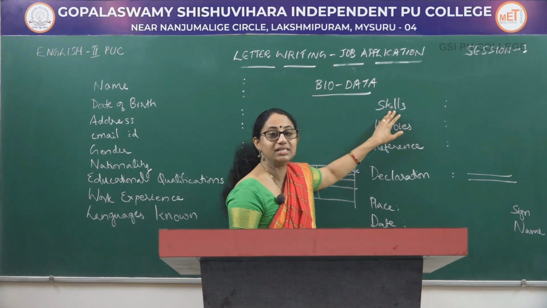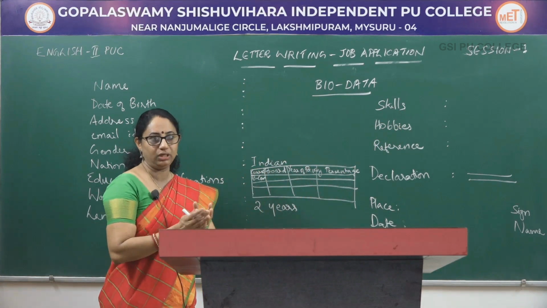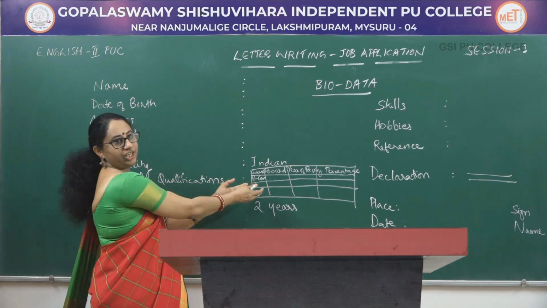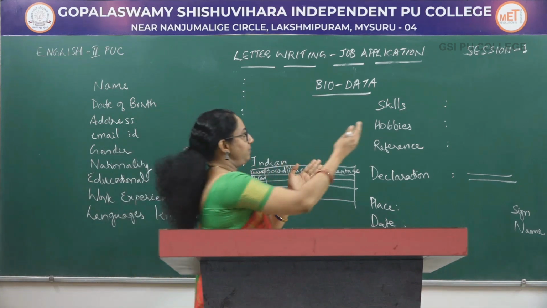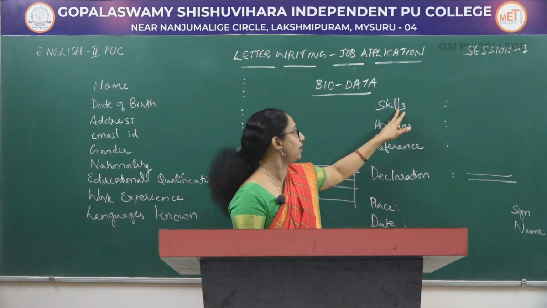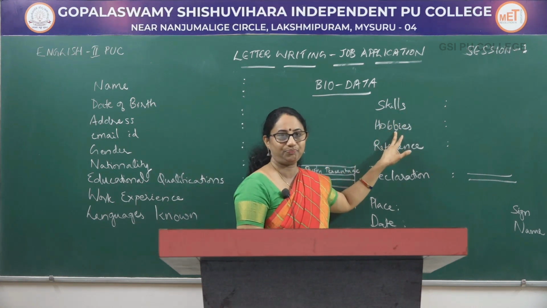This comes under skills. Because when you give your academic qualifications, even if you have completed a course on Tally, you won't mention it there. So those things can be mentioned because they are additional skill sets, under this title, skills.